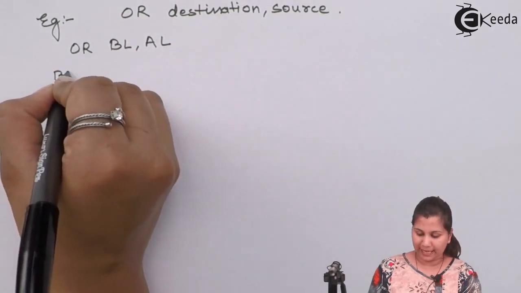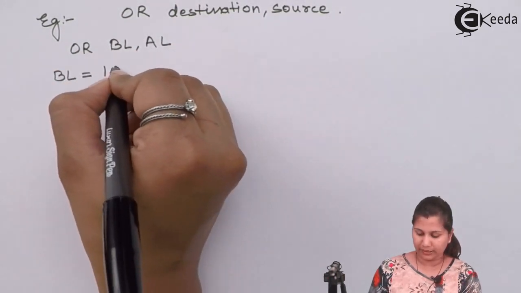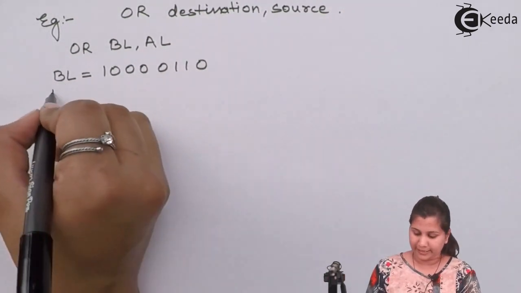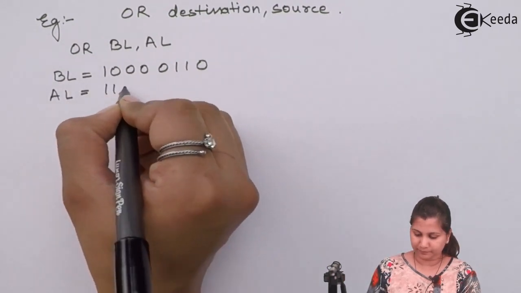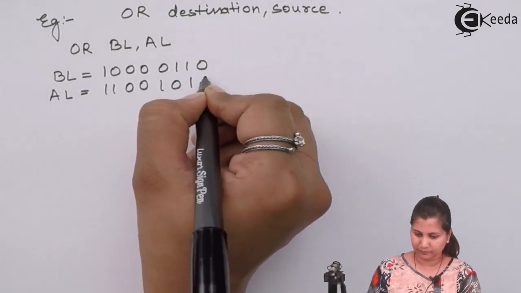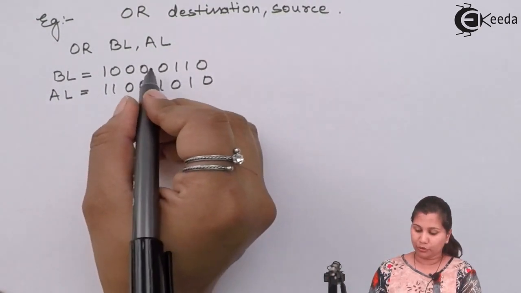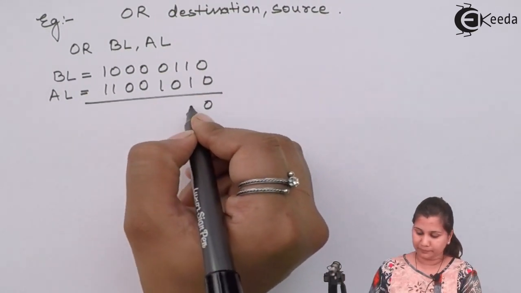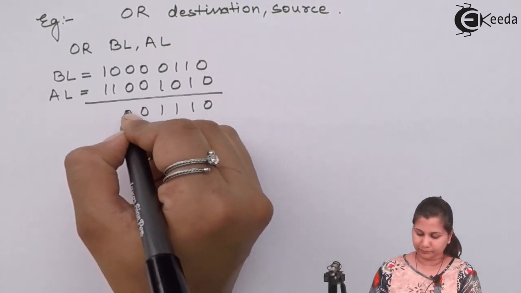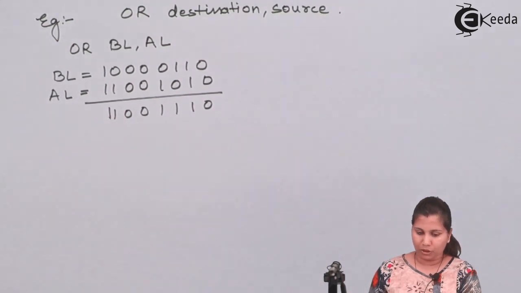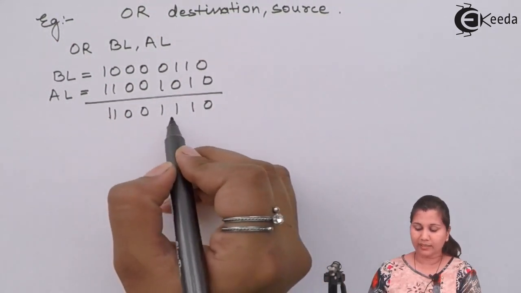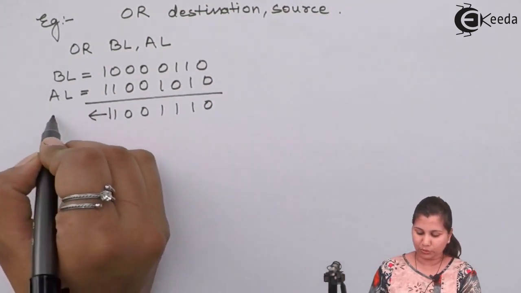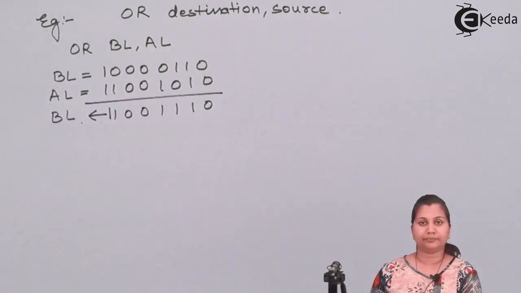Suppose BL has the 8-bit data 10000110, and AL has some data. These two registers will be logically ORed with each other, and we will have 1100 1110. This will be the result of this operation and it will be stored in the BL register.